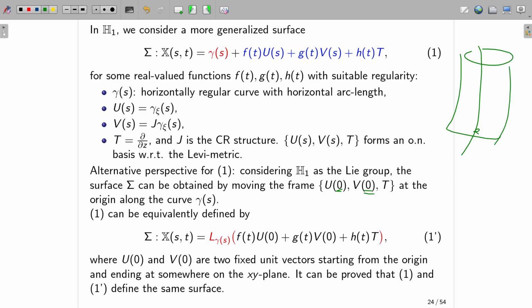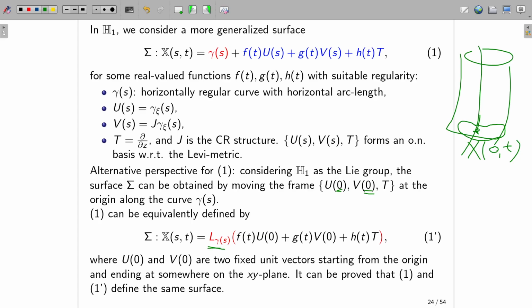When s equals 0, we have some closed curve, and you can regard the surface as the one translated by the left translation.